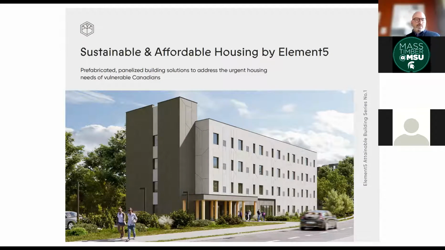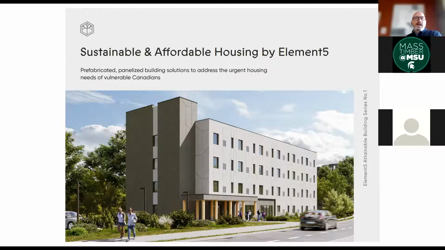So what we did is we got together and we started designing a mass timber affordable housing solution. And within a couple months, we had our first opportunity to bid a project. It was for the YWCA in a town called Kitchener, in Southern Ontario. It came out to tender as a design build project.